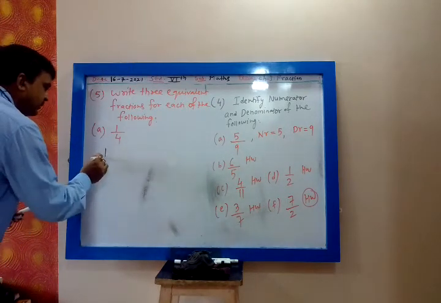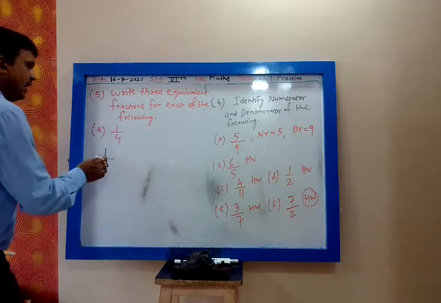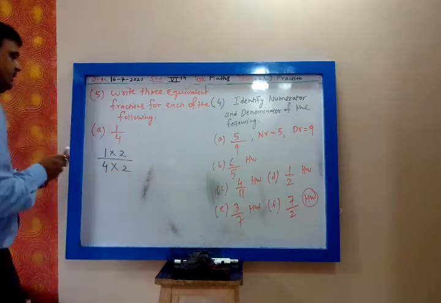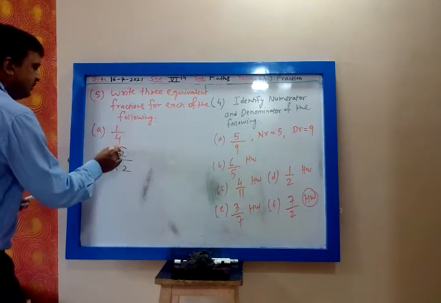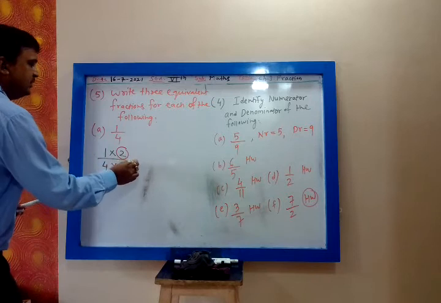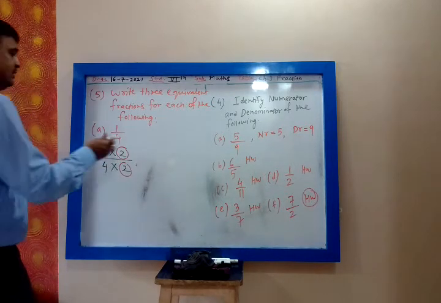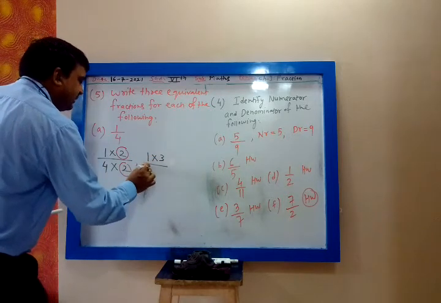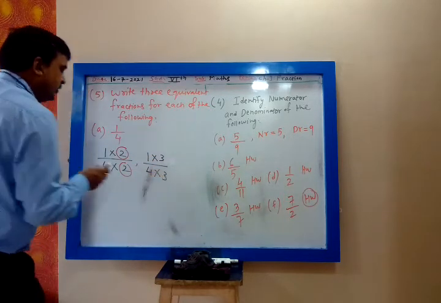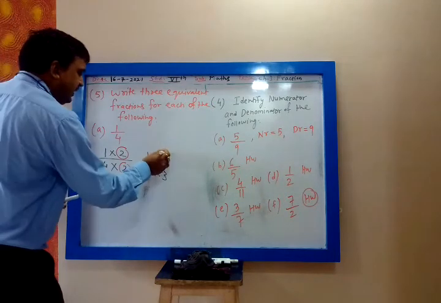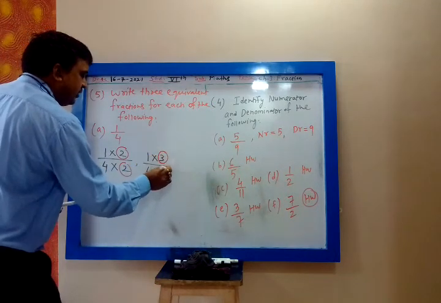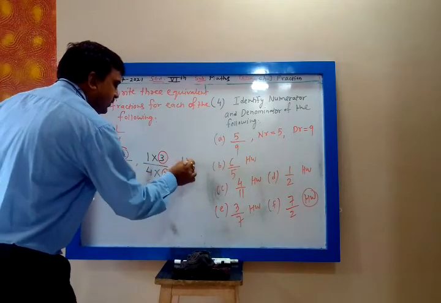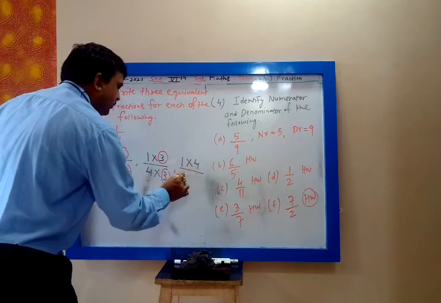To get first fraction, I will multiply by 2 in numerator, multiply by 2 in denominator. To get second fraction, I will multiply numerator by 3, multiply denominator by 3. Then to get third fraction, I will multiply by 4, 1 into 4 upon 4 into 4.